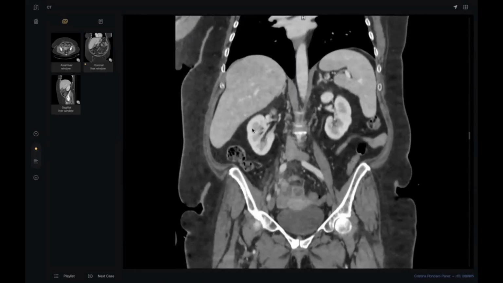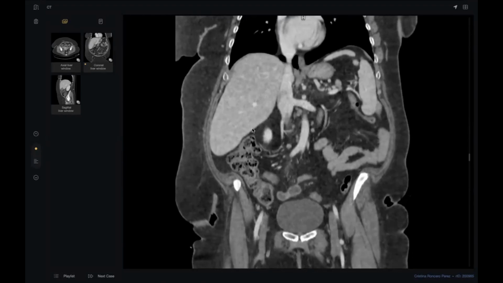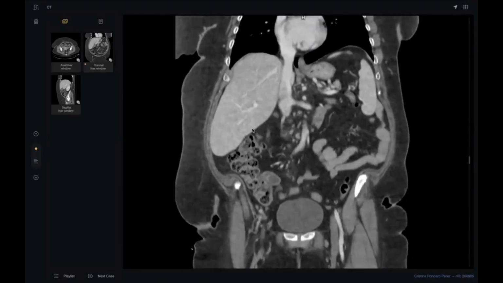There's no free ascites. The lesion looks multilocular. There's no free ascites, just fat strandings noted surrounding the lesion. So in this case, I'm suspecting that this might be a tubo-ovarian abscess. Okay.